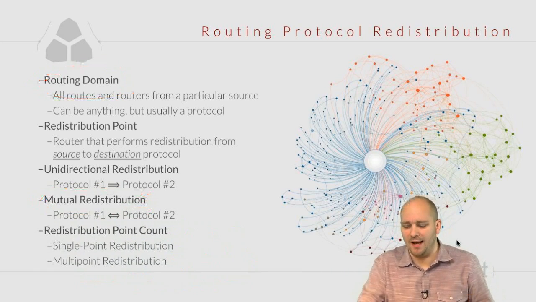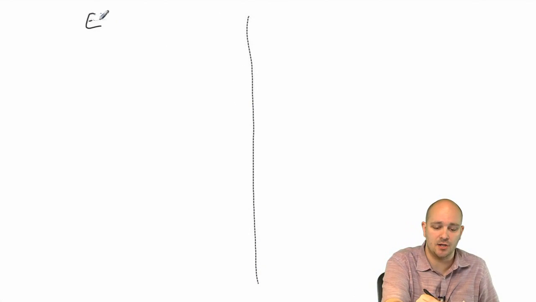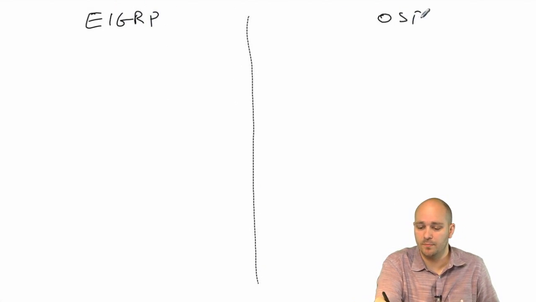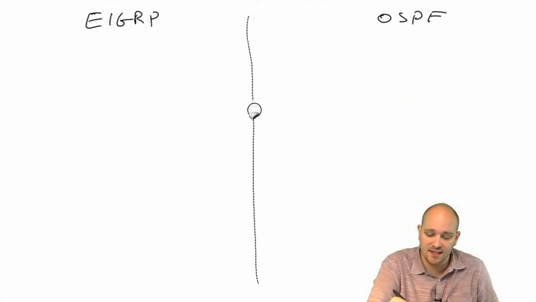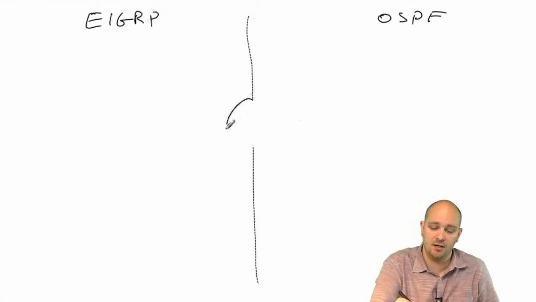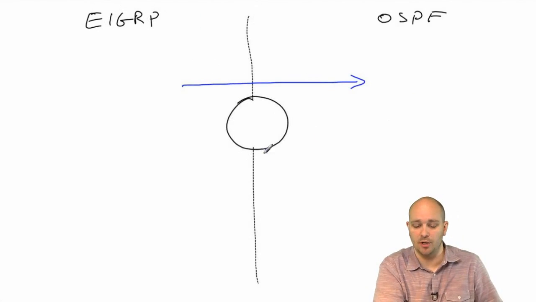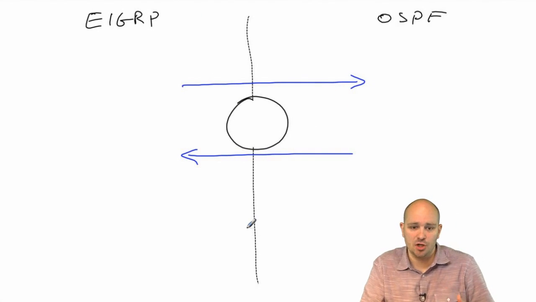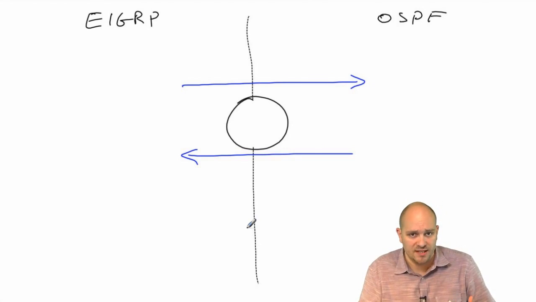What do I mean by that? Well, let's say that we had two routing domains, let's say that we had EIGRP and OSPF. If we had a single router sitting on the boundary between these domains and it was redistributing like so, we can say that we have a single point mutual redistribution.